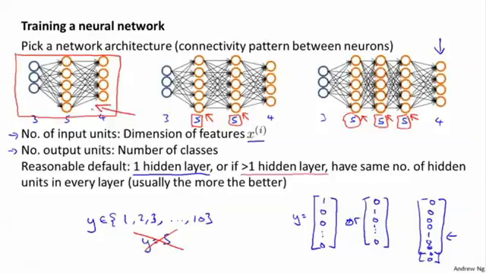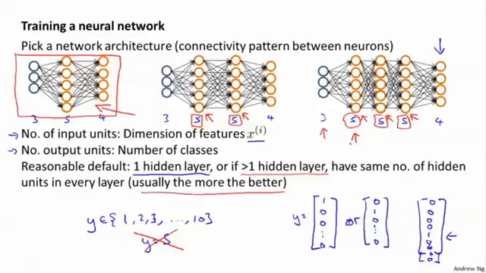And as for the number of hidden units, usually the more hidden units the better. It's just that if you have a lot of hidden units, it can become more computationally expensive, but very often having more hidden units is a good thing. And usually the number of hidden units in each layer will be maybe comparable to the dimension of x, comparable to the number of features, or it could be anywhere from the same number of hidden units as input features to maybe twice that to 3 or 4 times that.